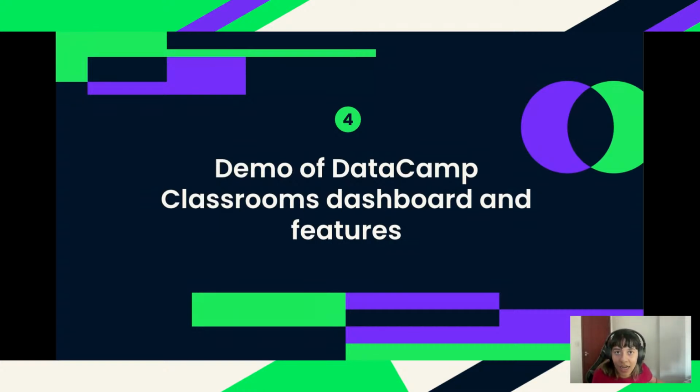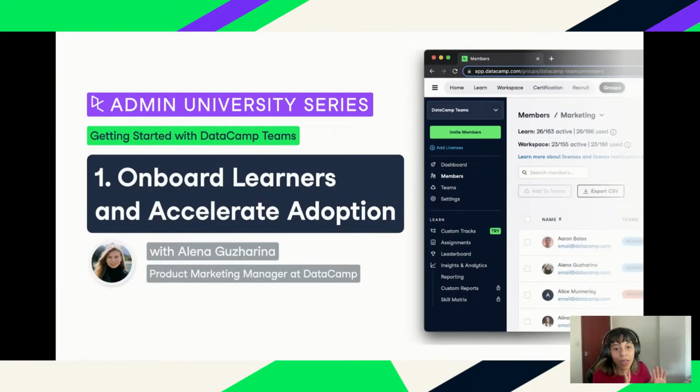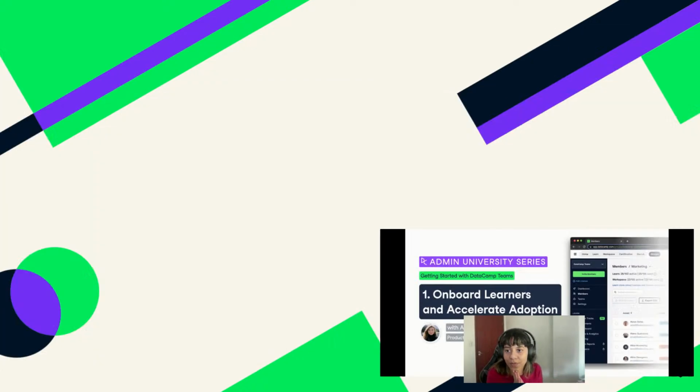And I believe we could get to showing 1 short video demo of the platform that can show you how to onboard your students after your DataCamp Classroom has been approved. I think that will clarify some of the questions that you may have.